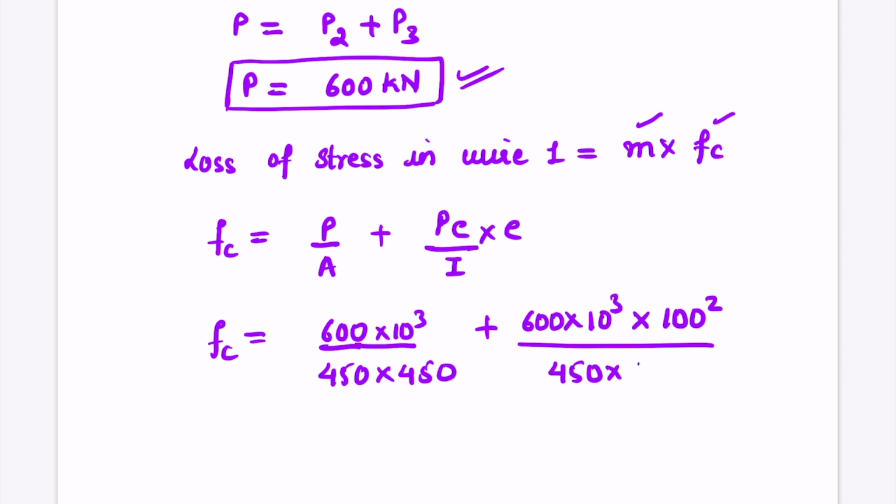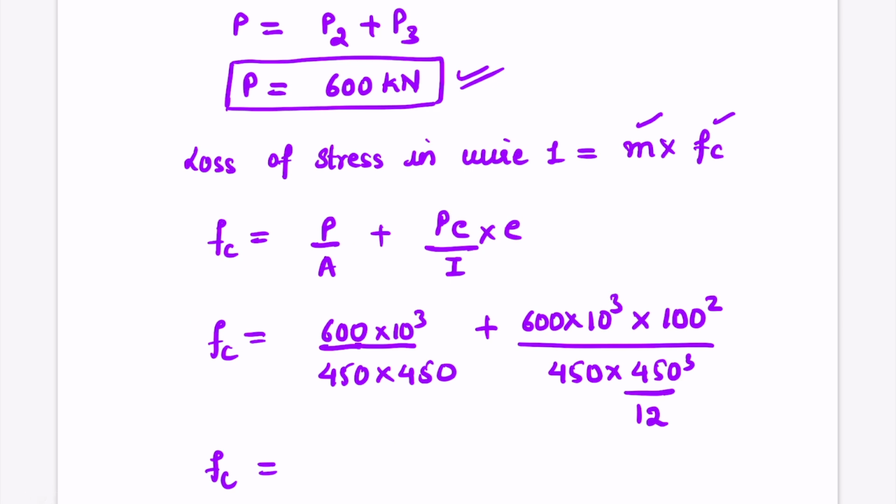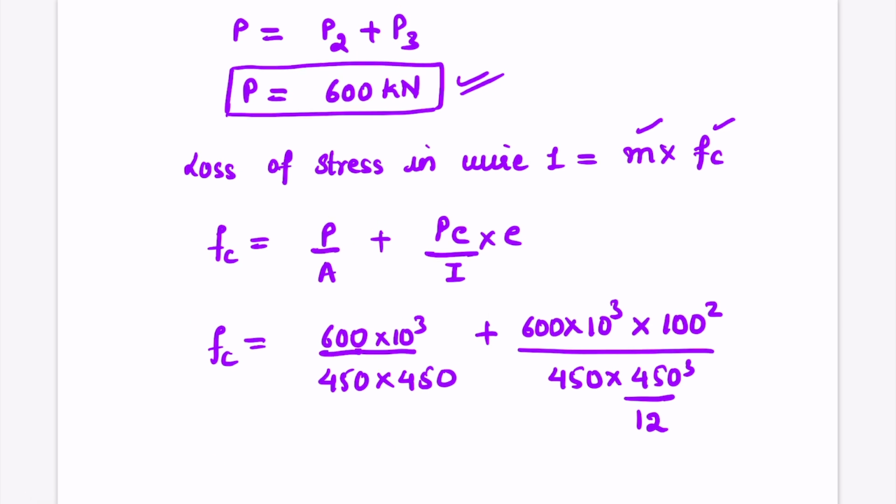Moment of inertia is BD cube by 12. So solving it, we get the value of Fc as 4.72 Newton per mm square.